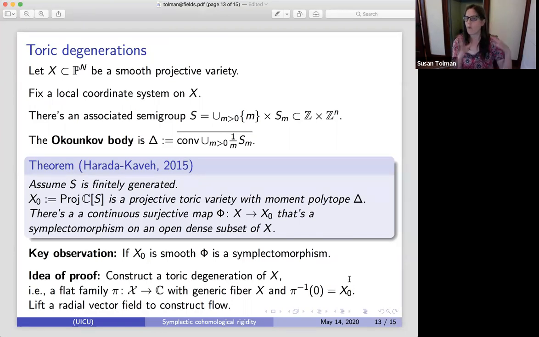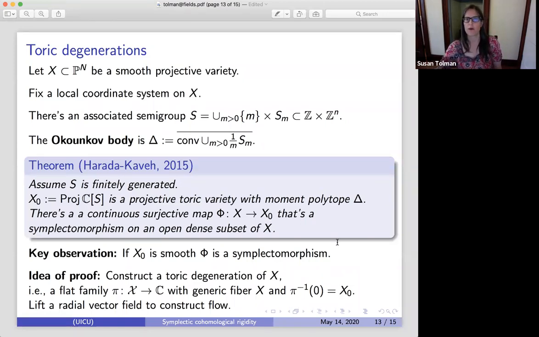What I'm leaving out is a lot of what Megumi was talking about, the valuation and so on. I'm not going to focus on that. We just need to choose a local coordinate system, then we can apply the process that she described, and as she says, we're going to get an associated semigroup.